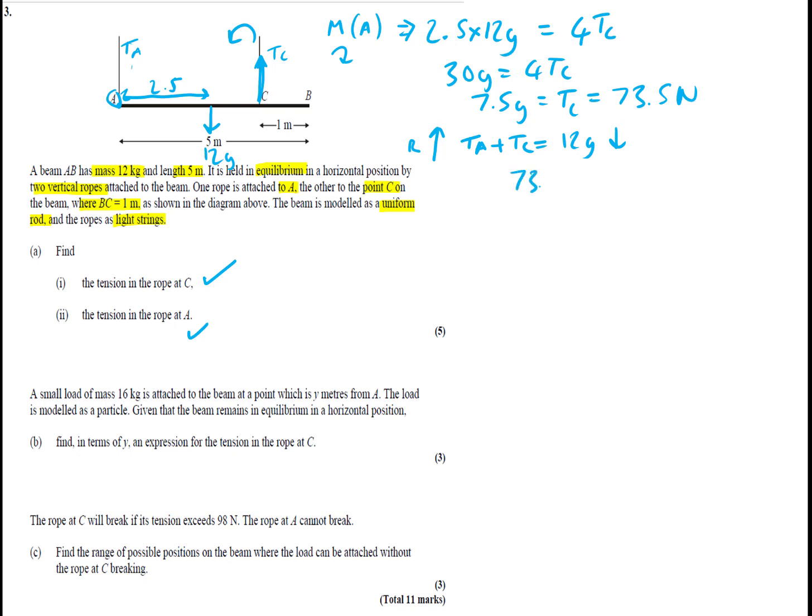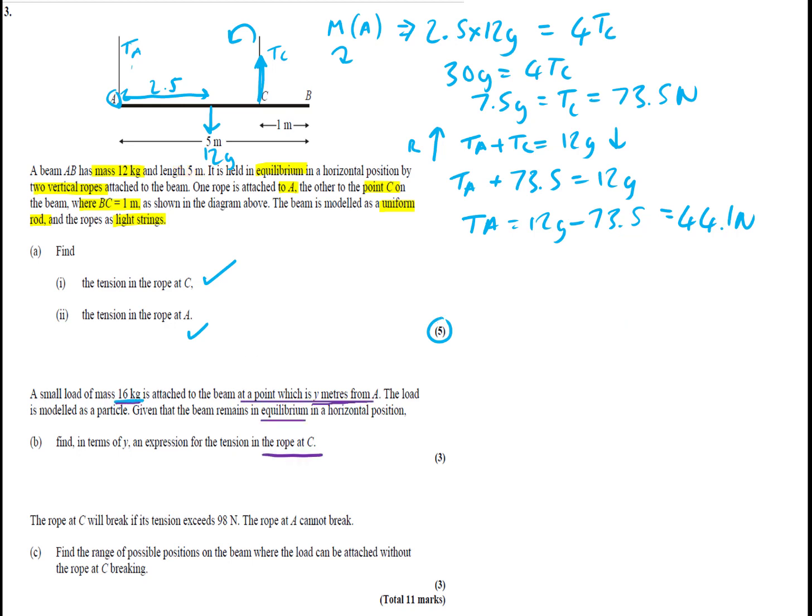So we've got 73.5 plus TA equals 12G, and you can just solve it. So TA equals 12G minus 73.5. What does that equal? 44.1. And that one is newtons. That's quite easily done. That should be a full 5 out of 5 marks.